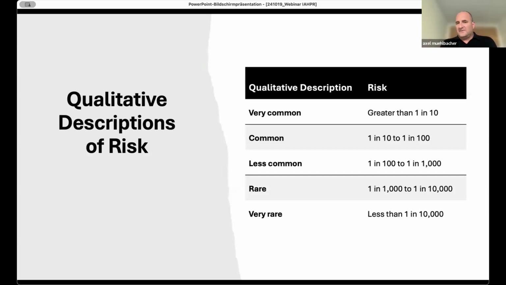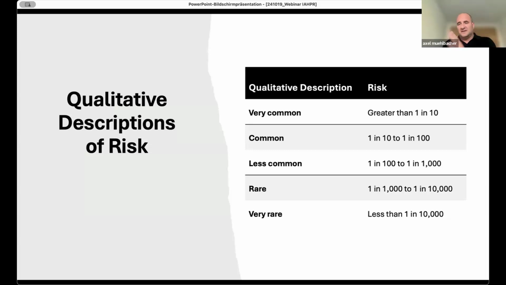So here we have the very common side effect greater than 1 in 10, common 1 in 10 to 1 in 100, less common, which would be 1 in 100 to 1 in 1,000, and then rare would be 1 in 1,000 to 1 in 10,000, and very rare would be considered less than 1 in 10,000.